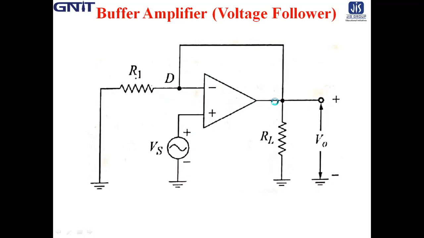So the amplifier becomes a voltage follower, as the output voltage is equal to and in phase with the input voltage, the same phase. Here the output voltage is totally fed back into the inverting terminal of the op amp, which results in the gain of the circuit being 1.